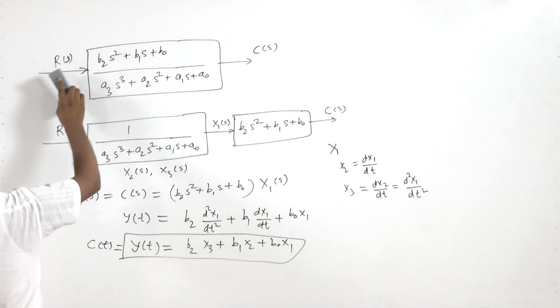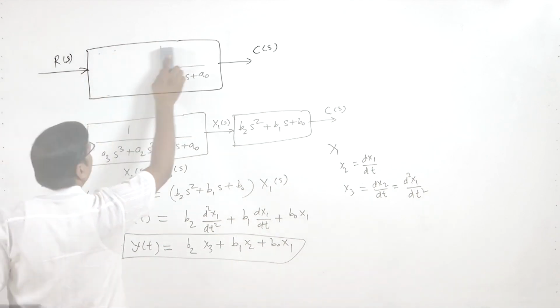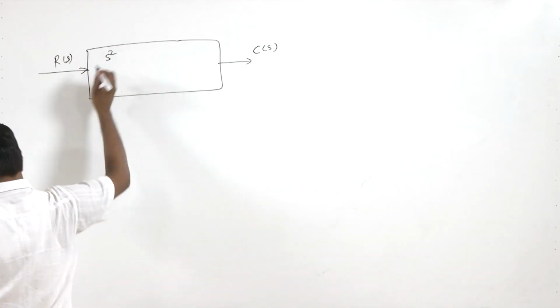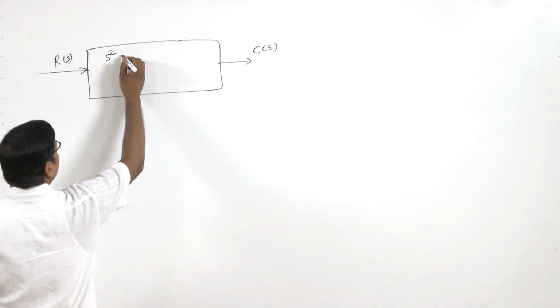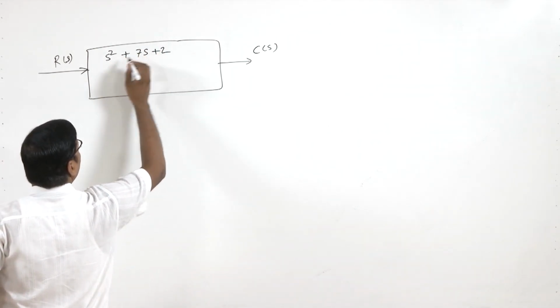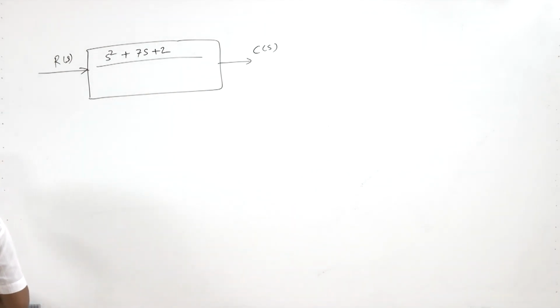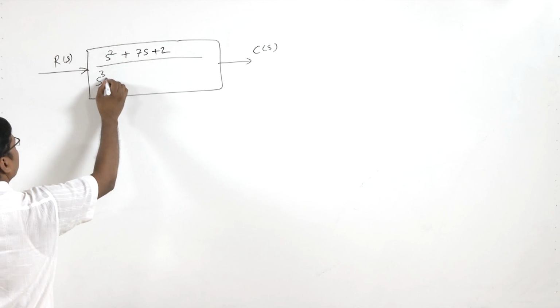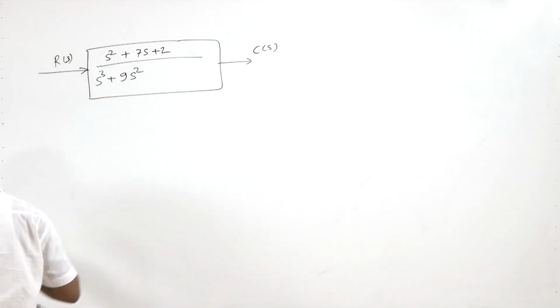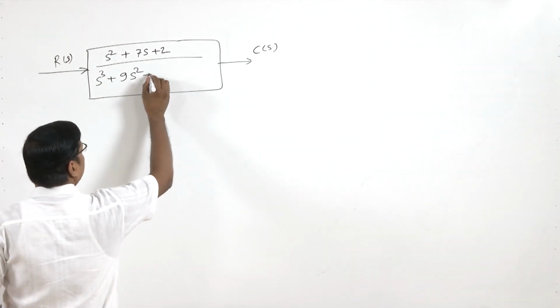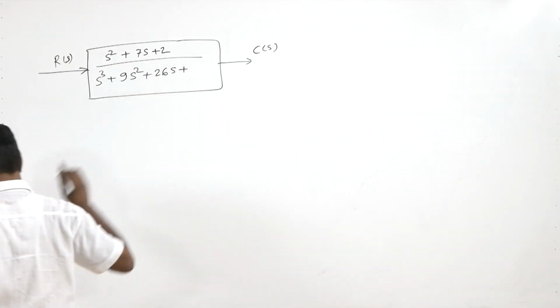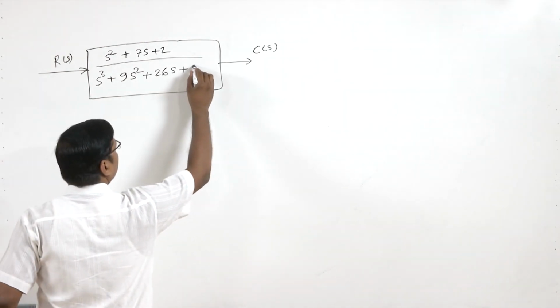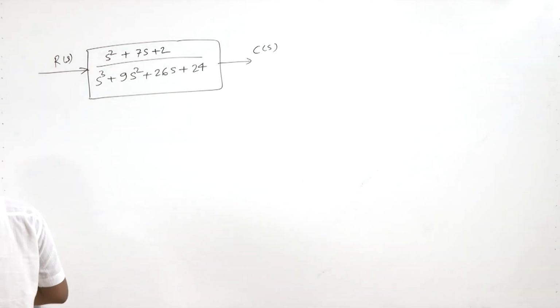So we have an example: s square plus 7s plus 2 upon s cube plus 9s square plus 26s plus 24. So this is the transfer function having a polynomial in the numerator.